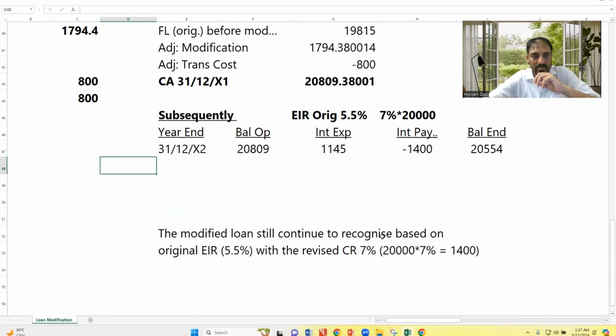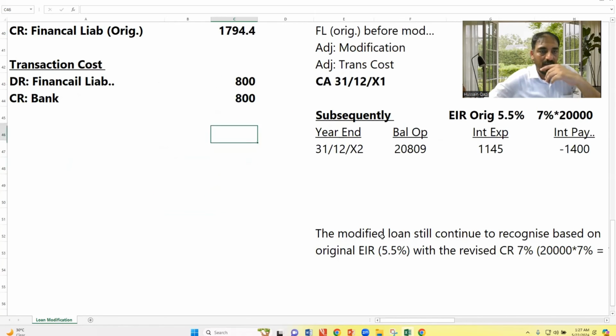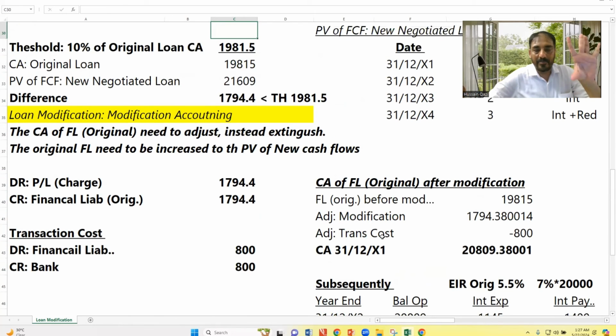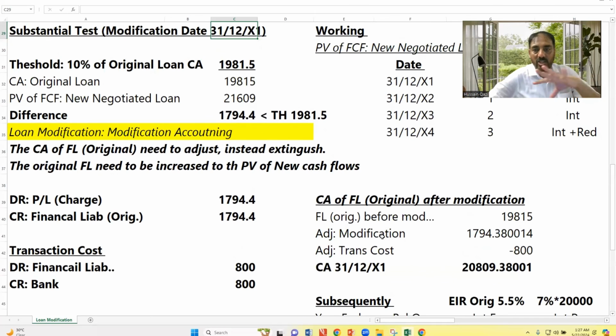That is the point. This is the case about loan modification, but the substantial test qualifies for that. It's not more substantial, so it's still modification accounting.